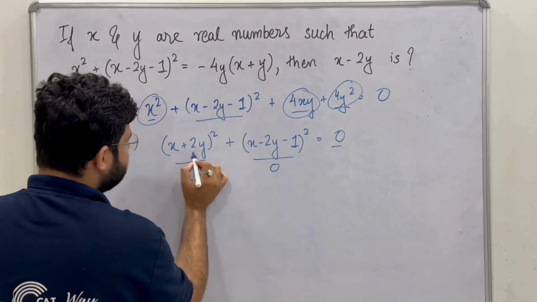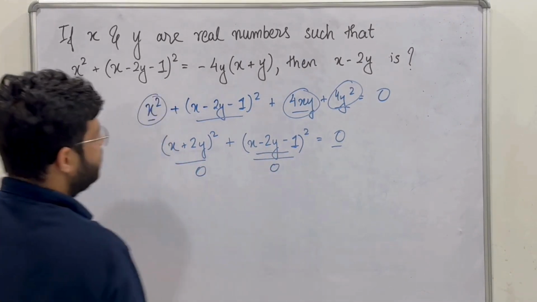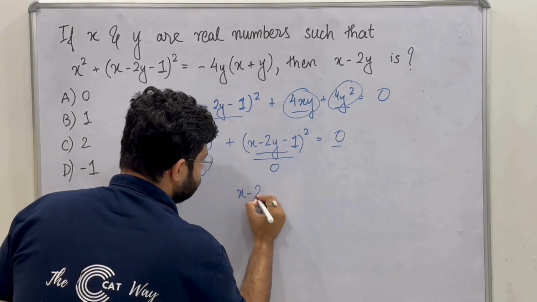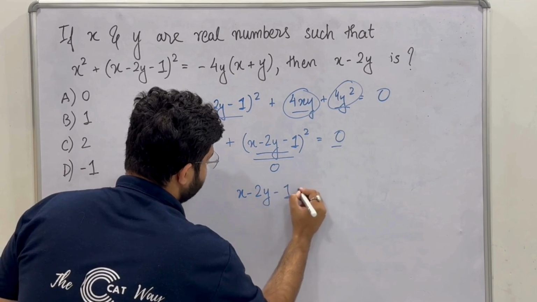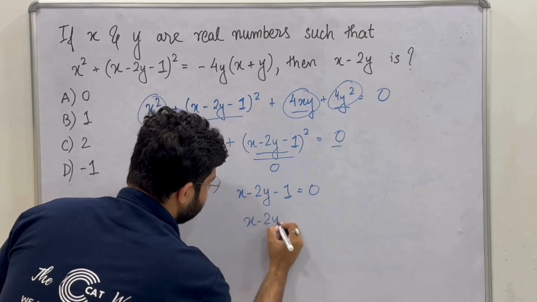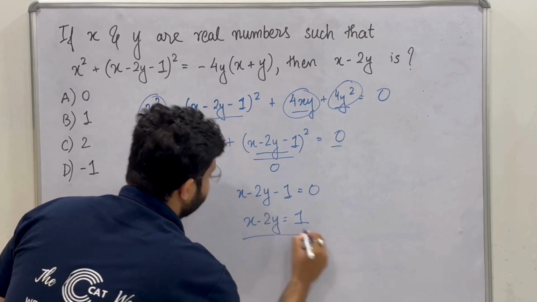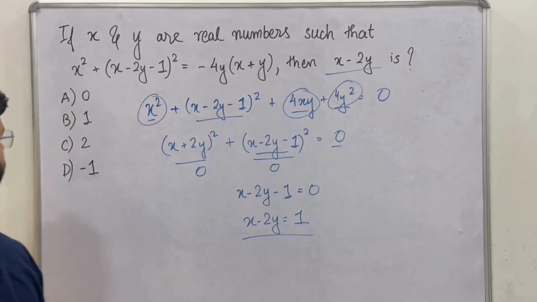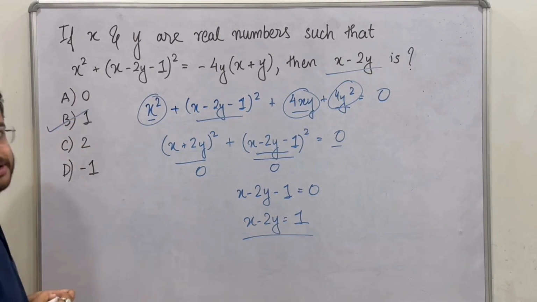That simply means that x minus 2y minus 1 is also equal to 0, and from here I can say that my x minus 2y will be equal to 1, which was the desired result that I was looking for. So x minus 2y is equal to 1. The correct answer becomes option number B.